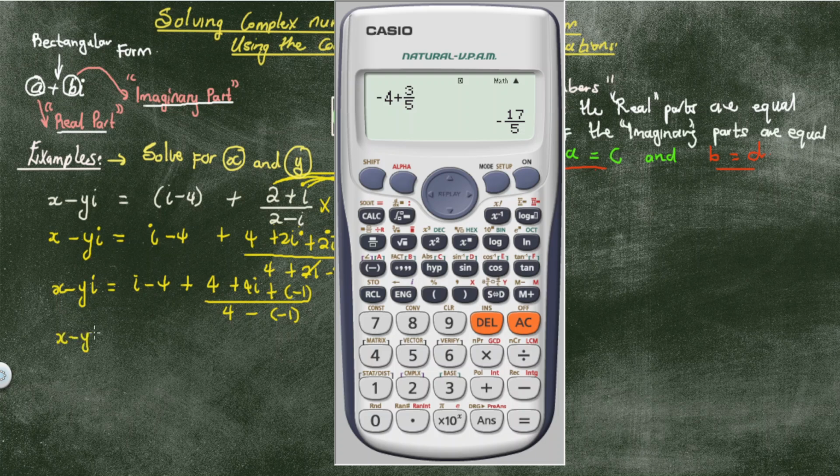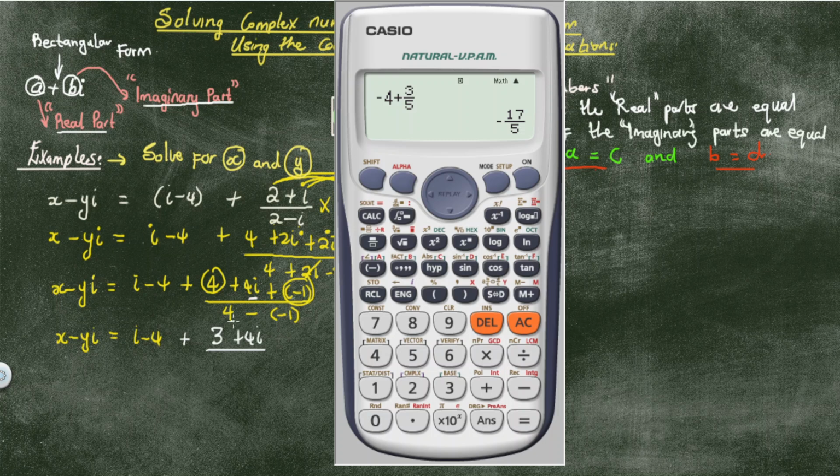x minus yi is equal to i minus 4. And then this and this combined, what are they giving us? They're giving us a 3. It's going to be a plus 3 here, plus 4i. No like terms for the 4i.